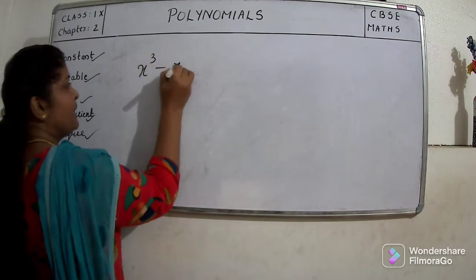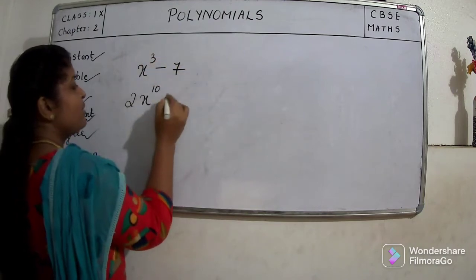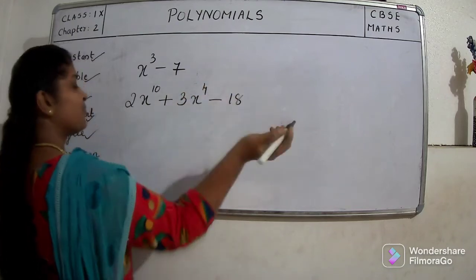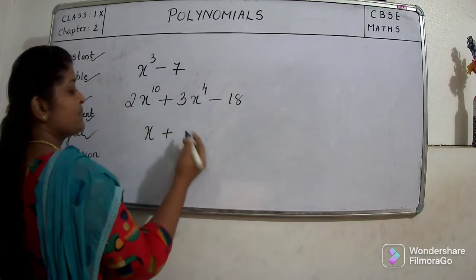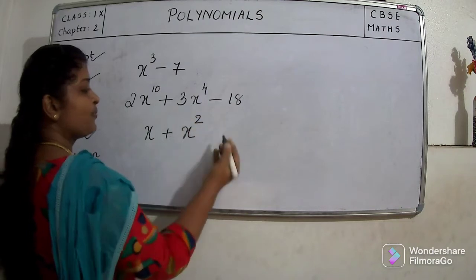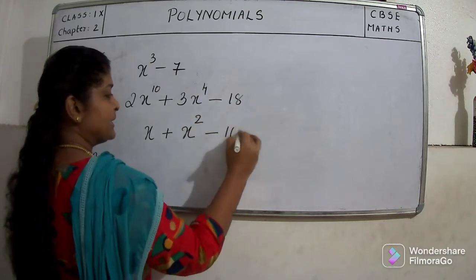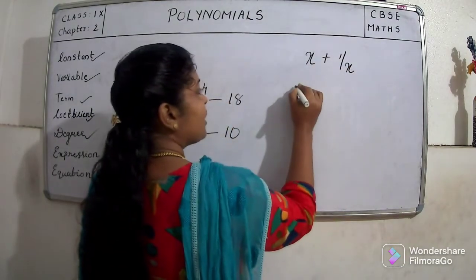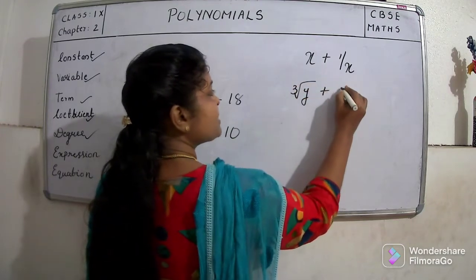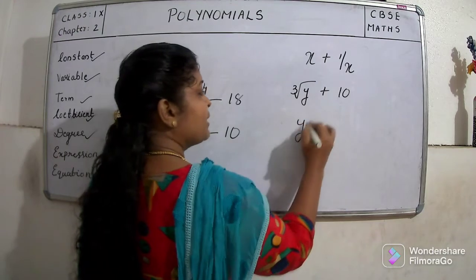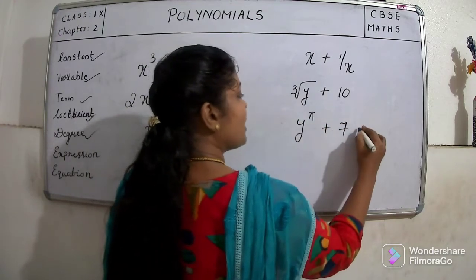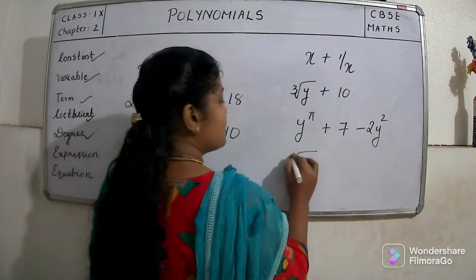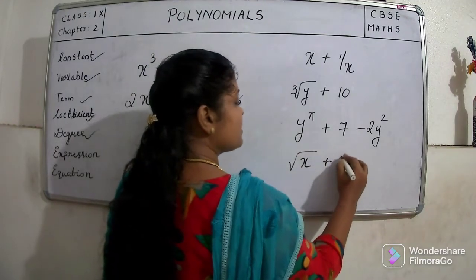X raised to 3 minus 7, 2x raised to 10 plus 3x raised to 4 minus 18x plus x raised to 2 minus 10, this side x plus 1 by x, cube root of y plus 10, y raised to pi plus 7 minus 2y square, square root of x plus 10.